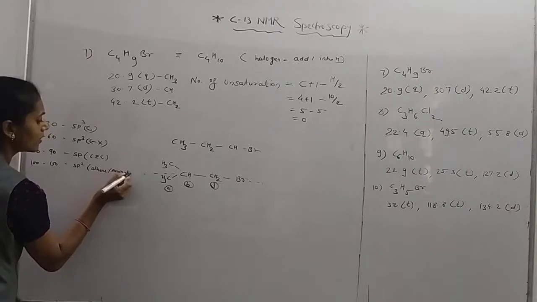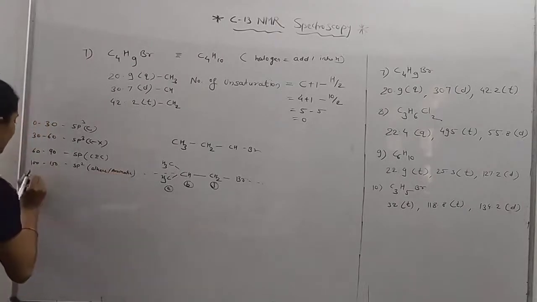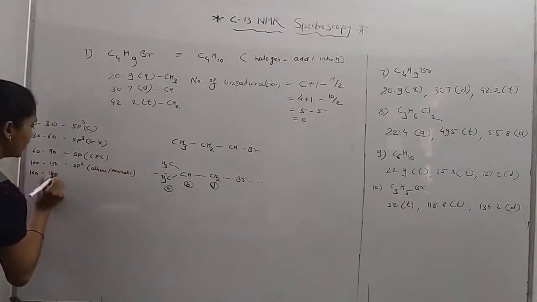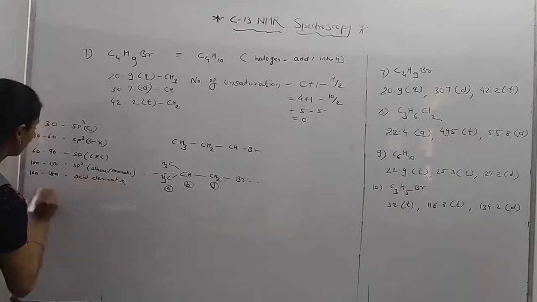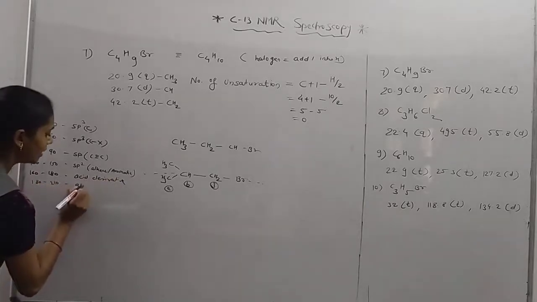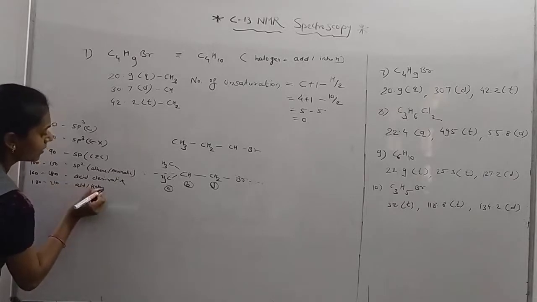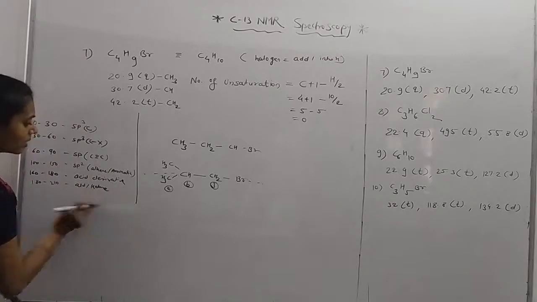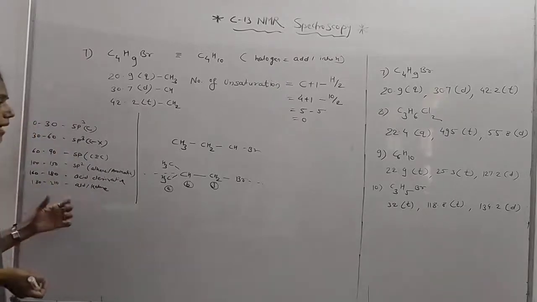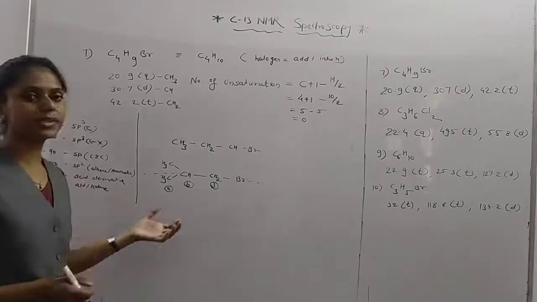Now 160 to 180 is for acid derivatives, and 180 to 210 is for aldehyde or ketone. This is important to remember; when you memorize this series, you can solve this type of problem.